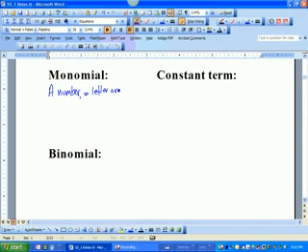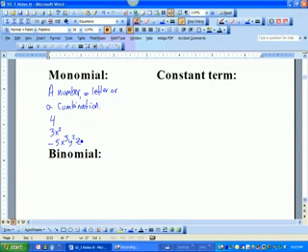Some monomials could be 4, 3x squared, negative 5x to the third, y squared, z. All of these are different monomials. Each one has one single term.